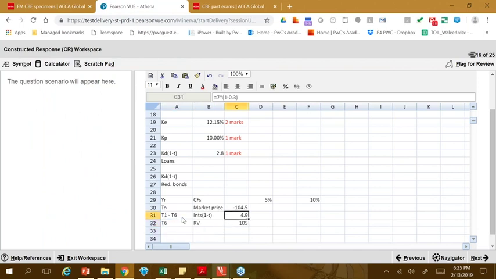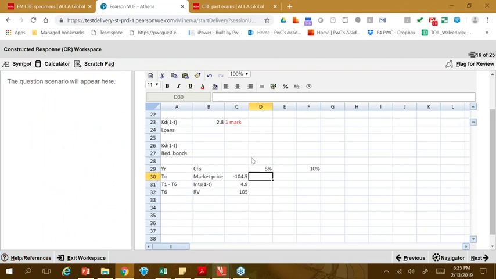So let's put the discount factors in here and discount these to find their present values. I'm going to use this above. Discount factors, present value.